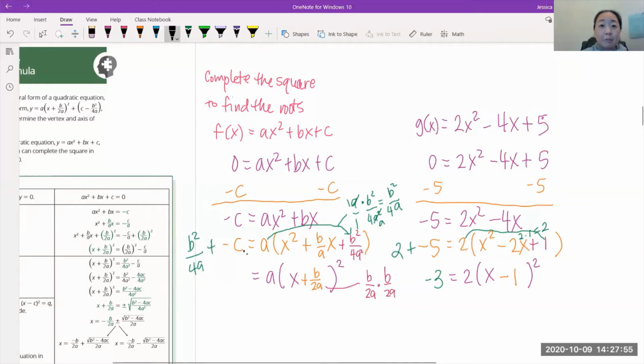So I'm going to multiply by 4a over 4a. Because what's 4a divided by 4a? 1. If I multiply 1 times c, it's still c, but our 1 looks a little bit different.